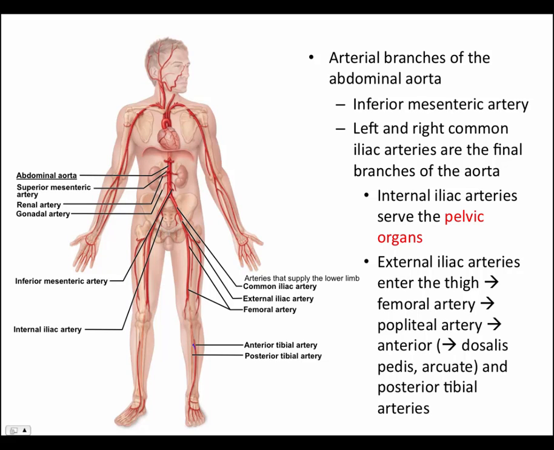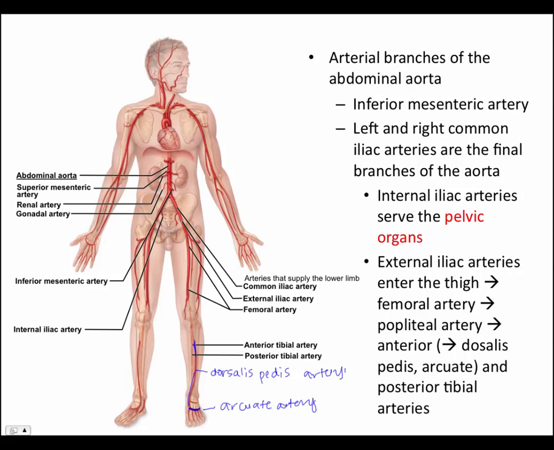From this anterior tibial artery, we're going to form the dorsalis pedis artery. And then finally, we're going to terminate at this region over here, and this is the arcuate artery.